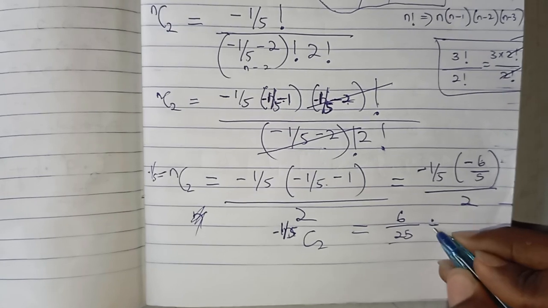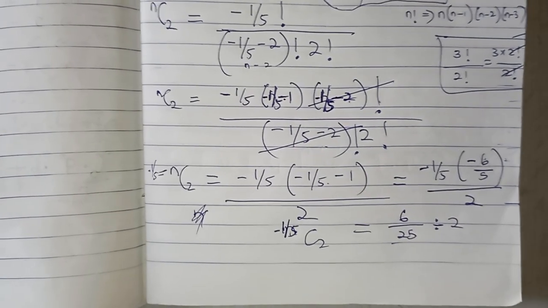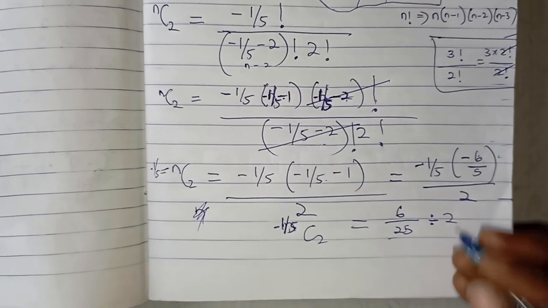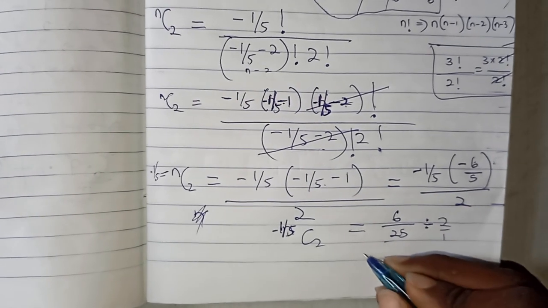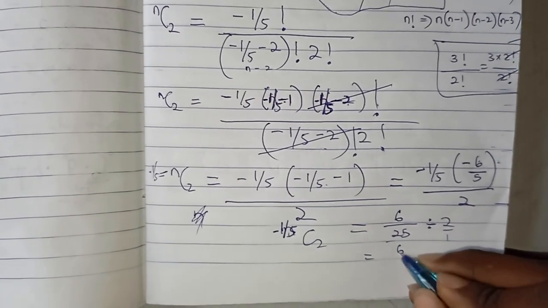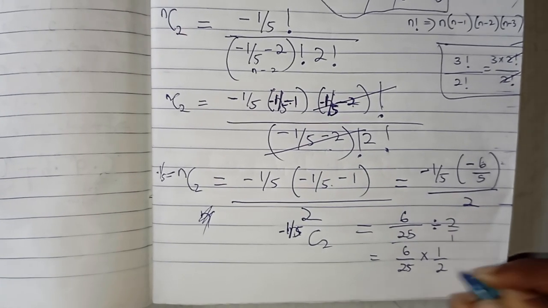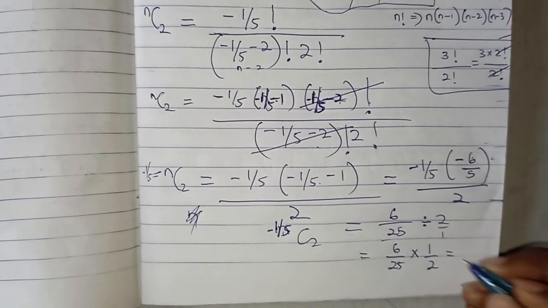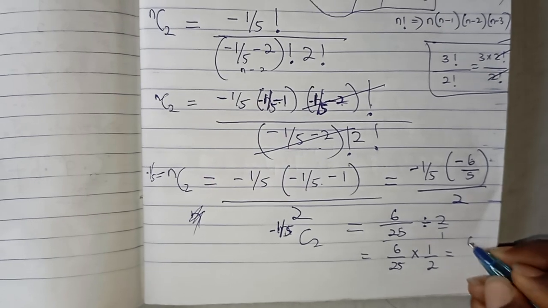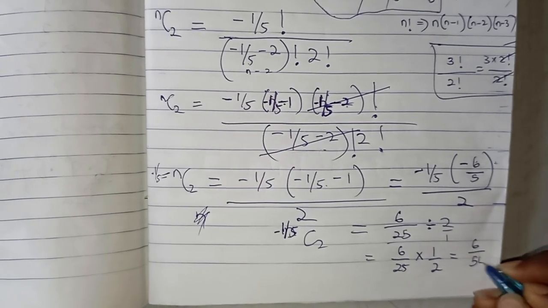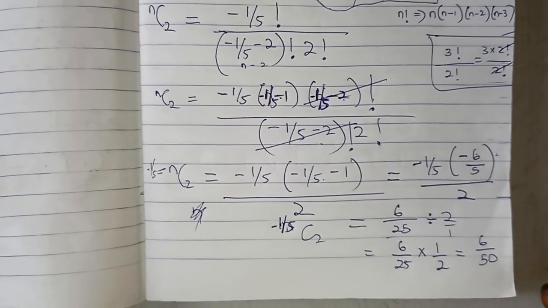So let me just put that division here, so you don't confuse it. Divided by 2, this is the same thing as saying 2 over 1. So this is now going to be the same thing as saying 6 over 25 times 1 over 2, which is the same thing as saying 6 over 50. Are you seeing it?